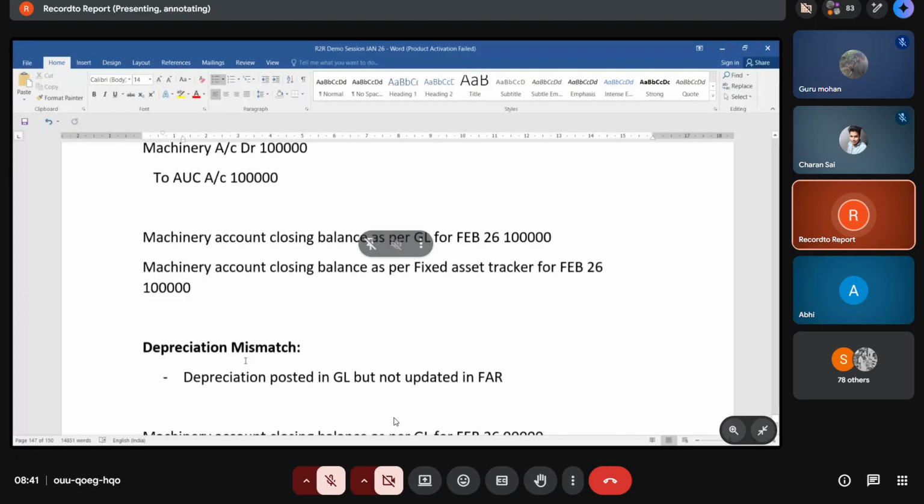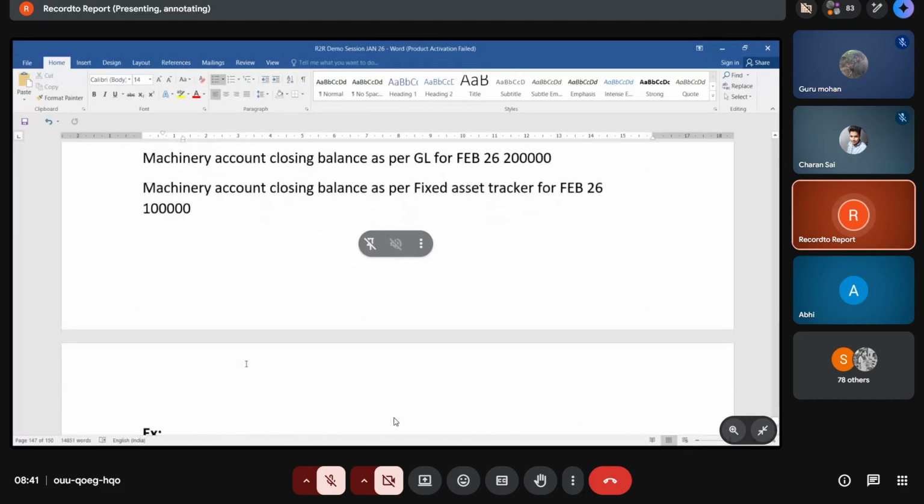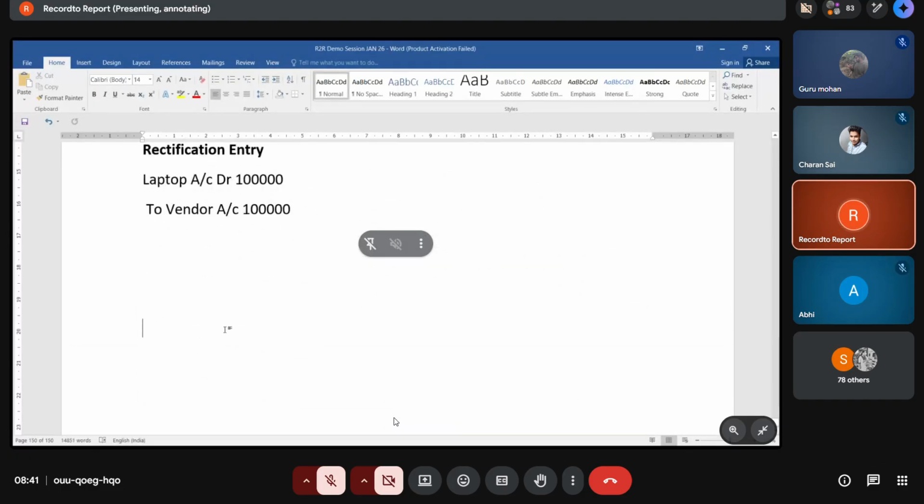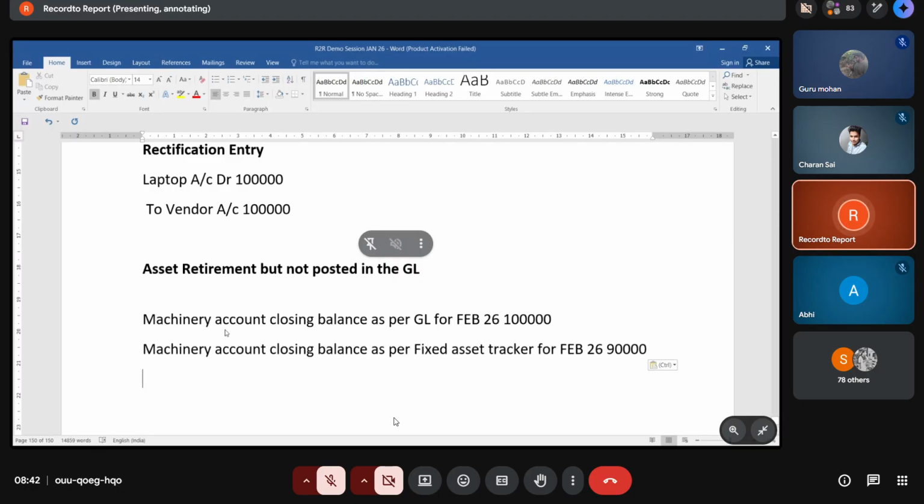Next, the asset is retired, but the transaction has not been recorded. Asset retirement, but not posted in the GL. Assume this is the machinery account. In the fixed asset tracker, the asset got retired and becomes zero, but it has not been recorded.